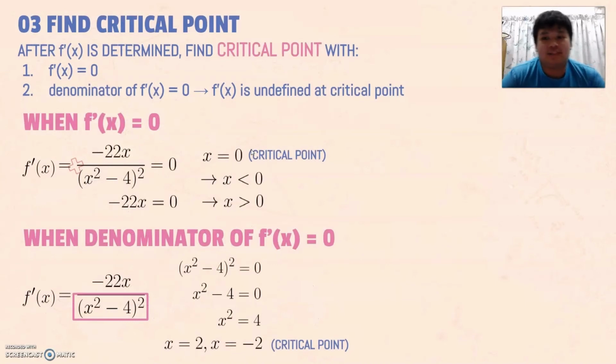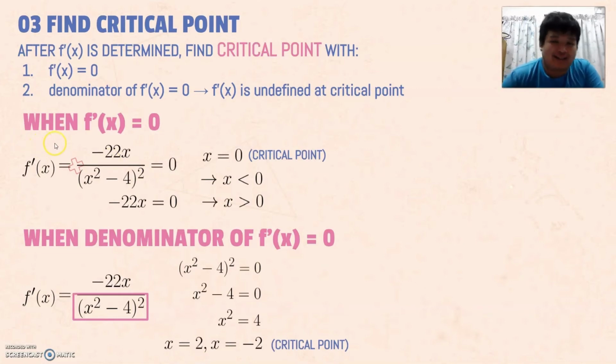After f prime x is determined, or the first derivative is done, we need to find the critical points of this equation. We find the critical points where f prime x is equal to 0, and where the denominator of f prime x is equal to 0, since f prime x is undefined there.